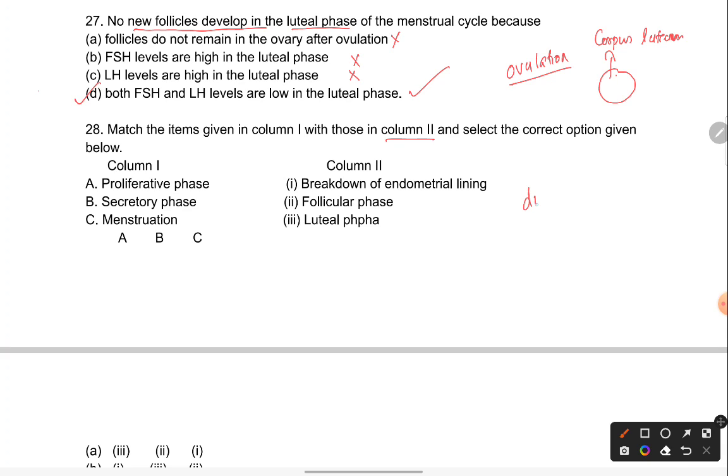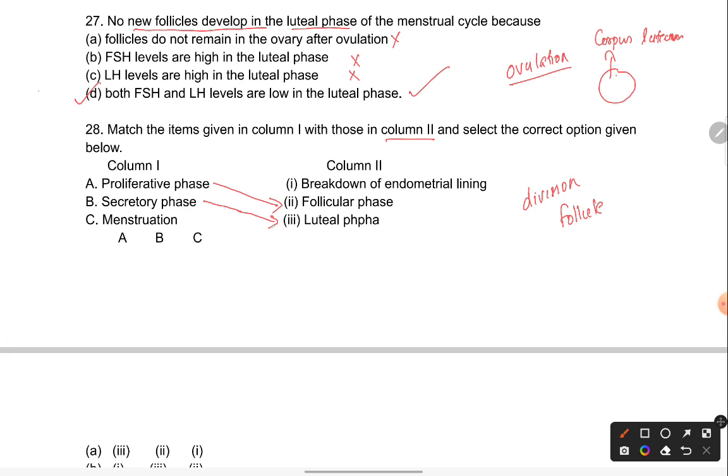Division of follicles will take place in the proliferative phase. That is also known as the follicular phase. And the second one is the secretory phase. During the secretory phase, secretion of certain hormones will take place, and those hormones are secreted from the corpus luteum.